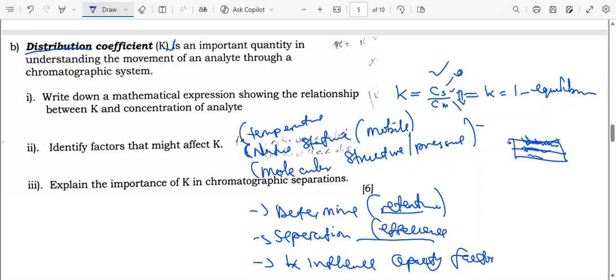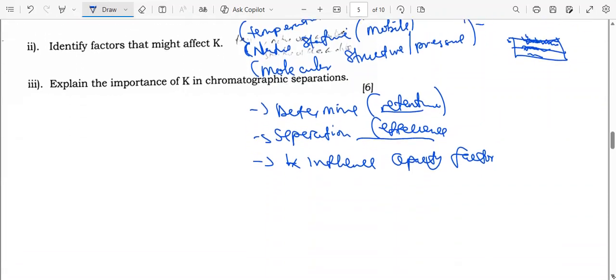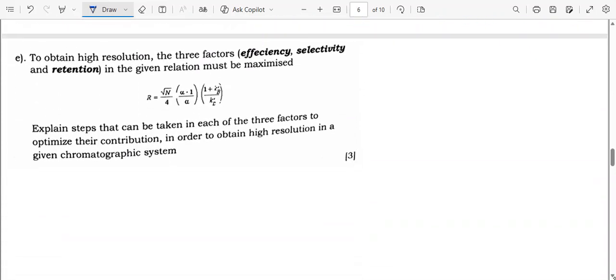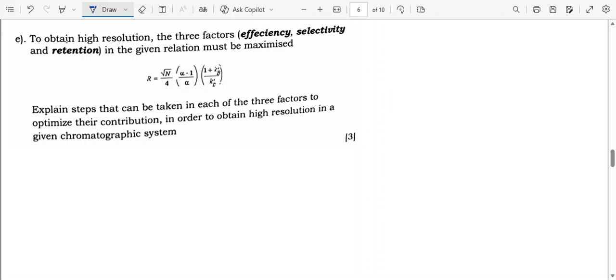That is it. Now let me concentrate on the 3 marks. To obtain high resolution, resolution depends on 3 factors: the efficiency, the selectivity, which is the alpha, and the retention itself.